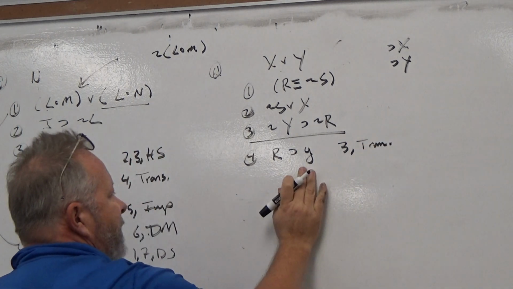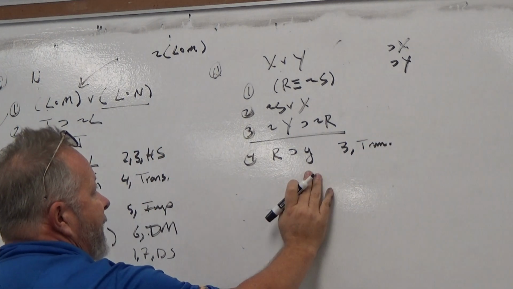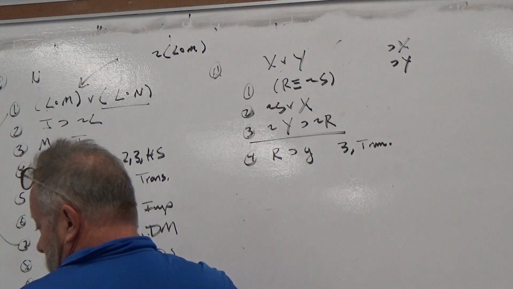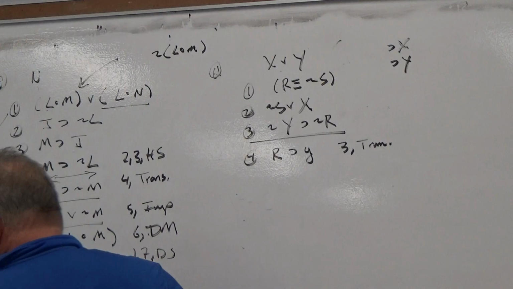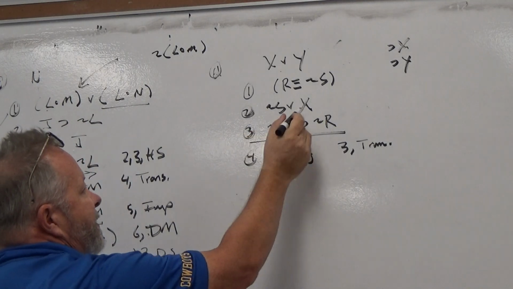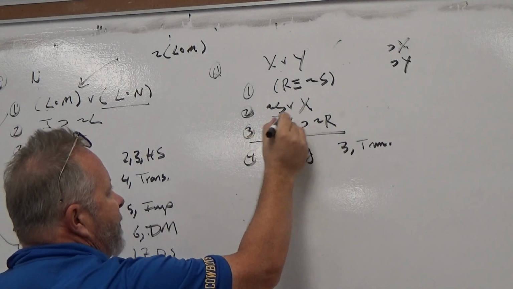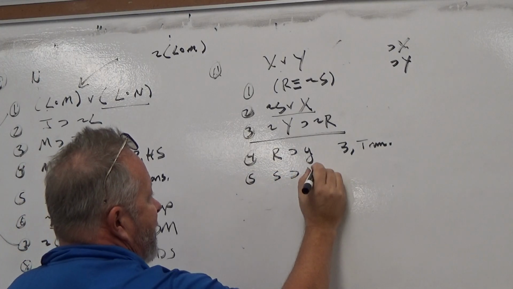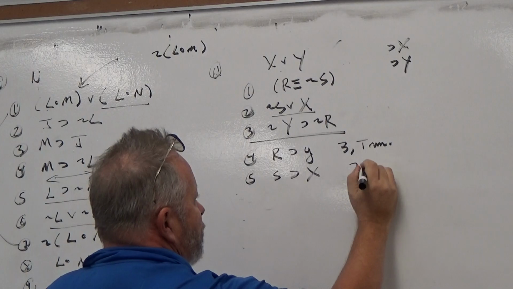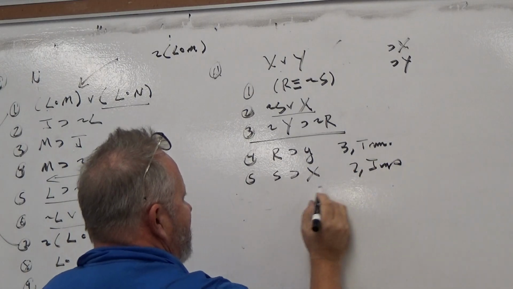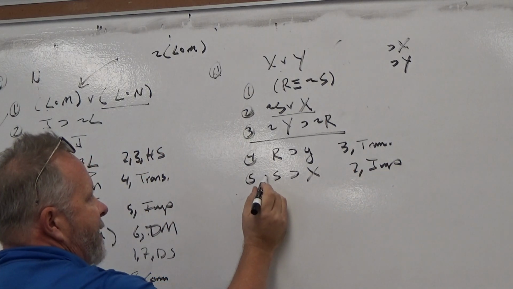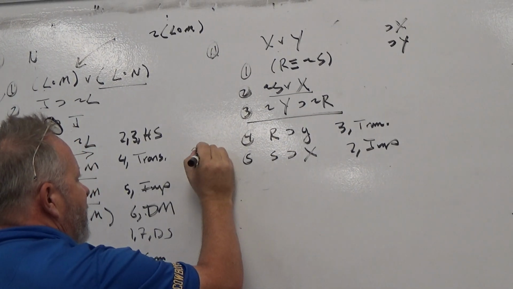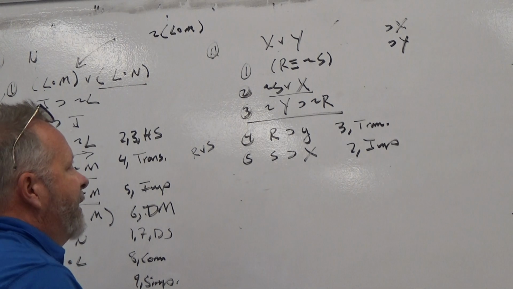So I've got something in the form blank then Y, and this one, that's an X, right? I can convert this into an if-then by implication, and I get S then X from 2 by implication. So I can get the Y and X if I find R or S, okay?